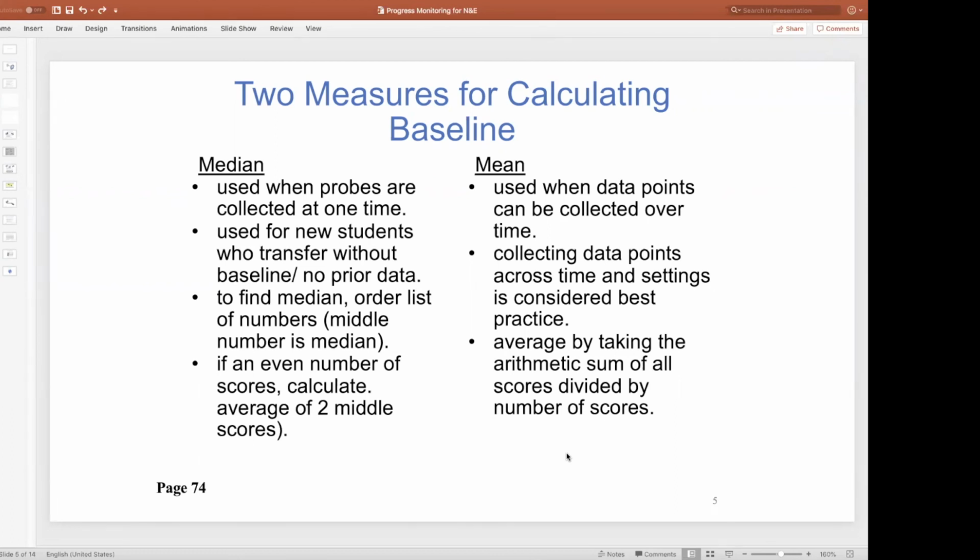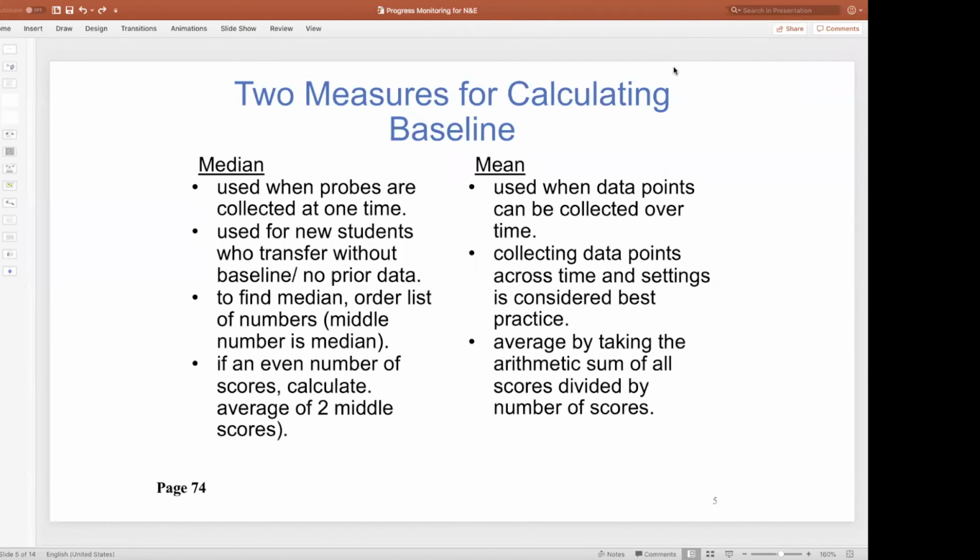However, sometimes we have a transfer student that is in the process of being evaluated, and we have to have a time limit that we try to get under. So what we end up doing is a mean, which means we'll do several tests at one time. And then all we do is add those up and divide by the number of scores that we have. So that's the difference between the mean and the median.